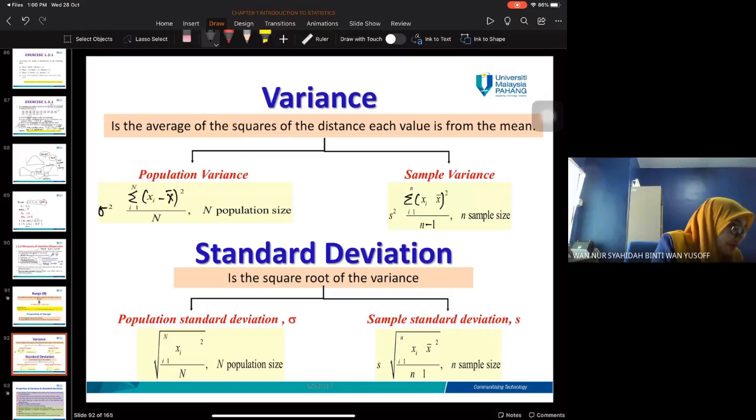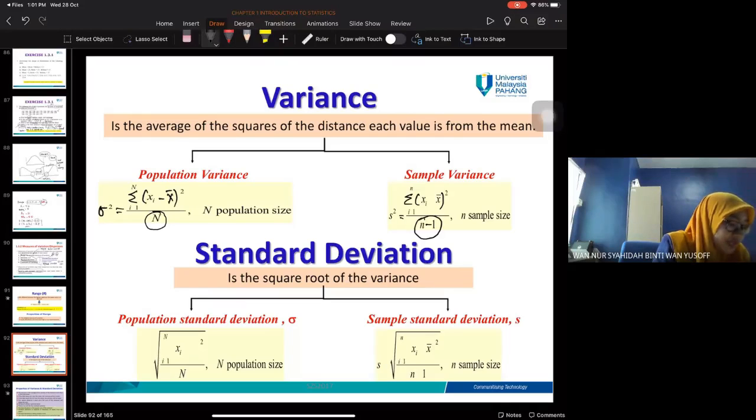Population variance is divided by capital N and sample variance is divided by N minus 1. That's why we have different values. Standard deviation is just the square root of the variance.